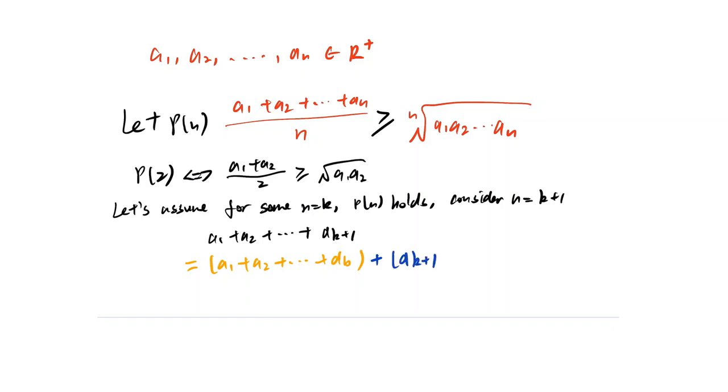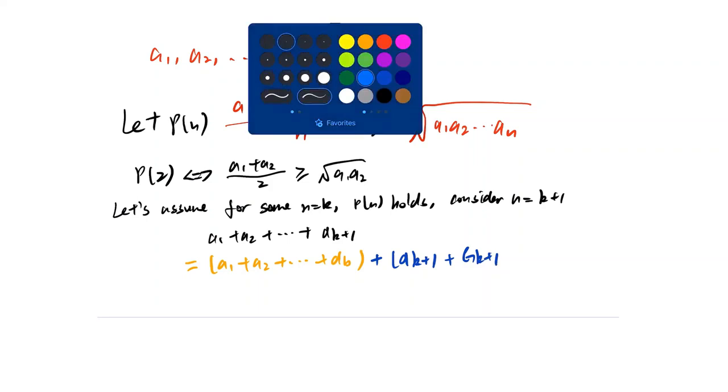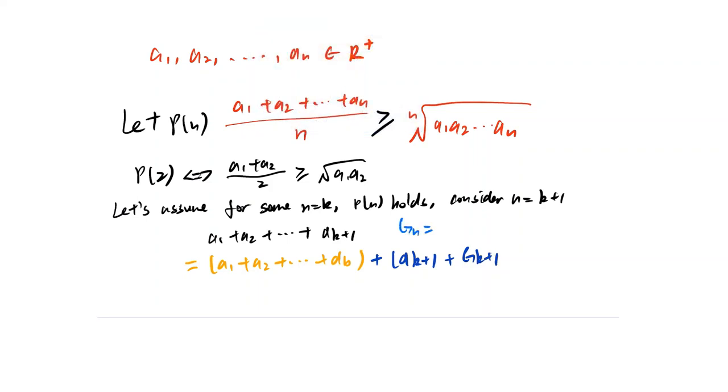But since a(k plus 1) itself doesn't do a lot, we can add other terms such as g(k plus 1). Here let's define gn equals the nth root of a1 times all the way up to an. And here we will add all the way up to g(k plus 1), and this will be k minus 1 times g(k plus 1).